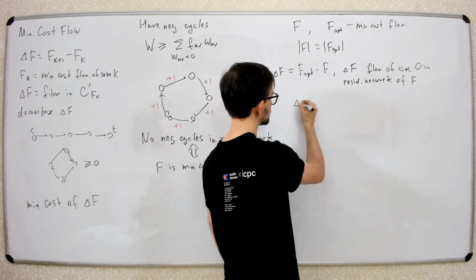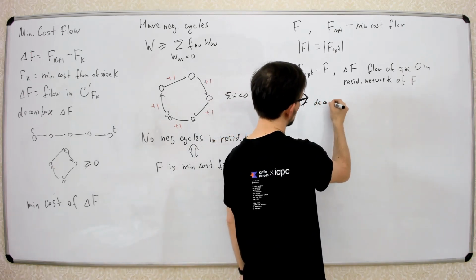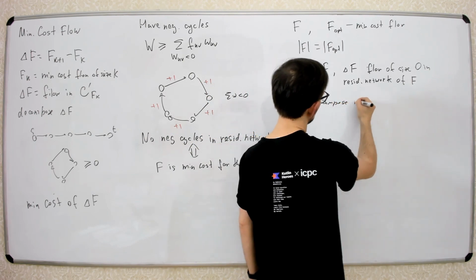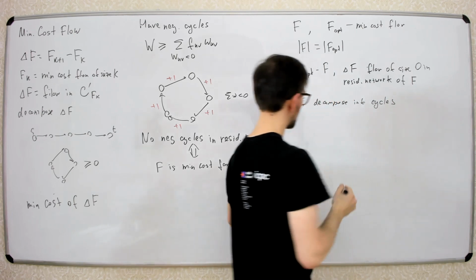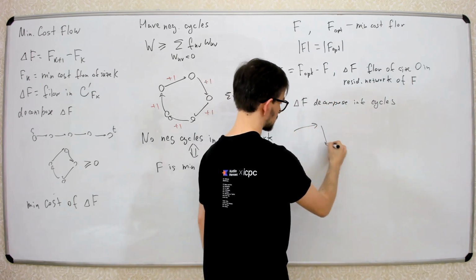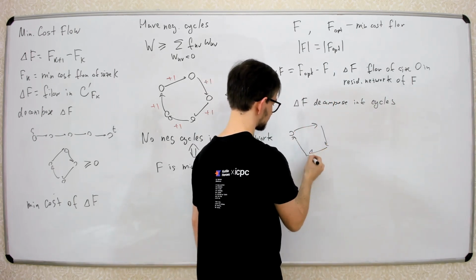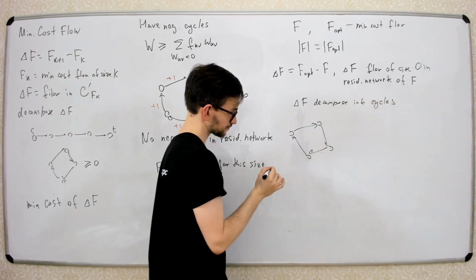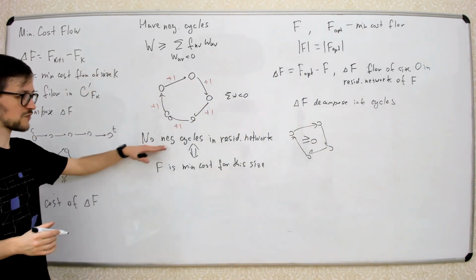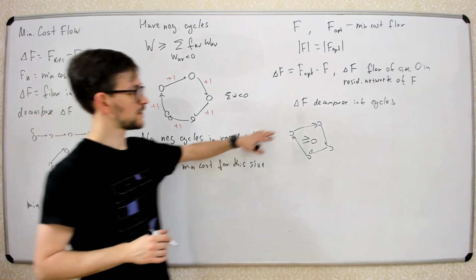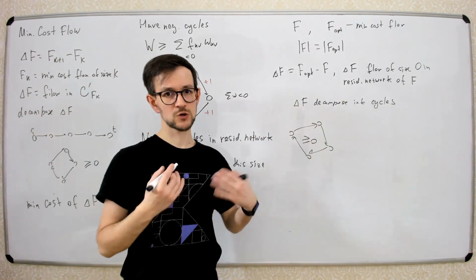So we decompose it into cycles. Now, each cycle has no negative cost. Again, I go from here to here. If I don't have any negative cycles, then each cycle in this decomposition has no negative cost.